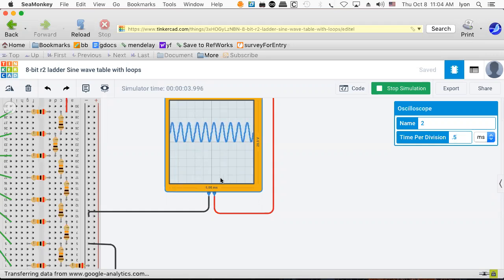Oh, you might be right about that. Yeah. Okay, that makes sense, actually. If this whole grid is 5 milliseconds instead of 5 milliseconds per division, then let's see, 1, 2, 3, 4, 5, 6, 7, 8, 9, 10. Yes, that makes perfect sense. So then it's half a millisecond in the simulation.